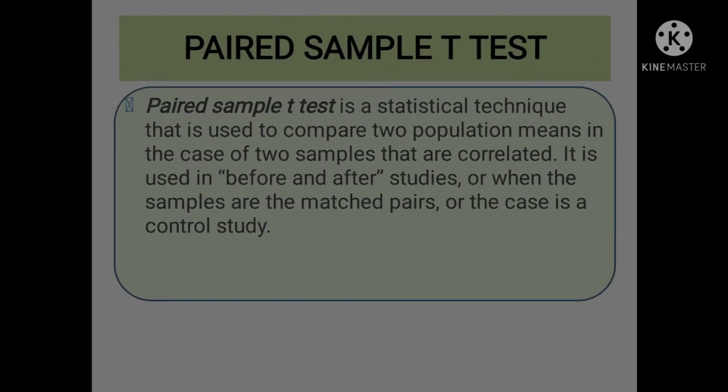Paired sample t-test is a statistical technique used to compare two population means in the case of two samples that are correlated. It is used in before and after studies, or when the samples are matched pairs, or the case is a control study.